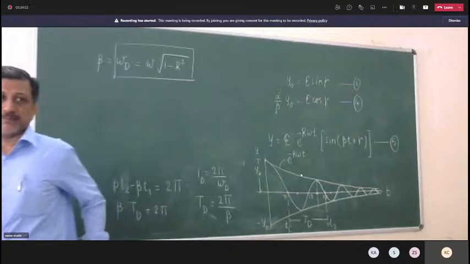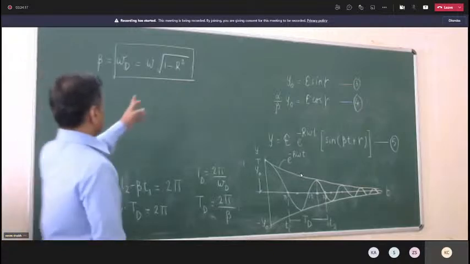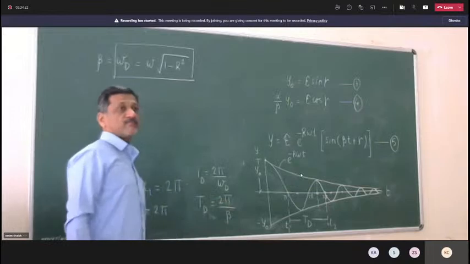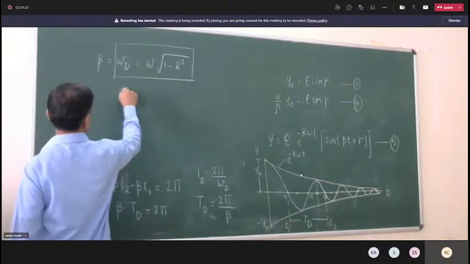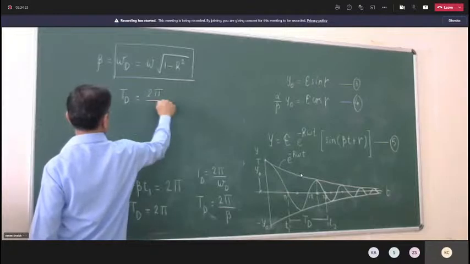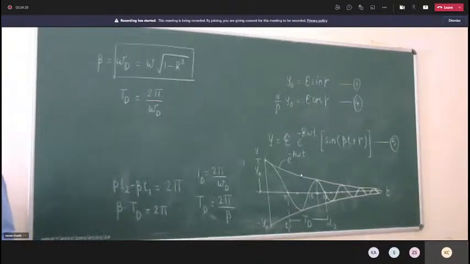When the system is damped, the natural frequency of vibration is reduced by the term under root 1 minus r square: omega into under root 1 minus r square. Right? And from this you can say, if you want to find the period, T damped is equal to 2 pi upon omega damped. Right? Okay.